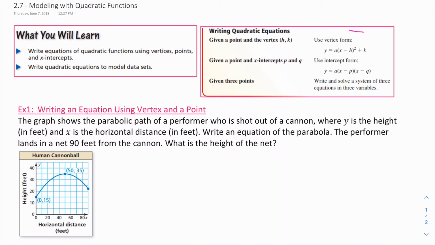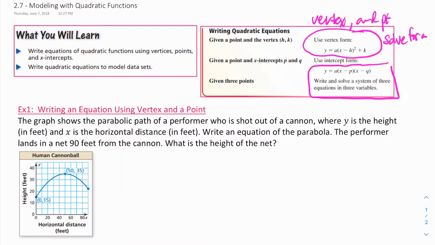For vertex form, you need to be given the vertex and a point, and then solve for A. For intercept form, you'll be given the x-intercepts and a point on the graph, and then you'll also solve for A, and I'll show you how to do that, of course.